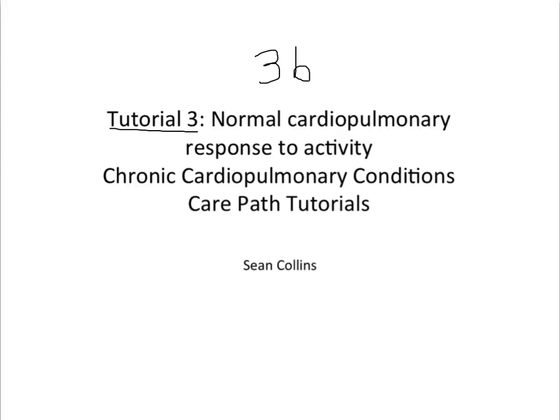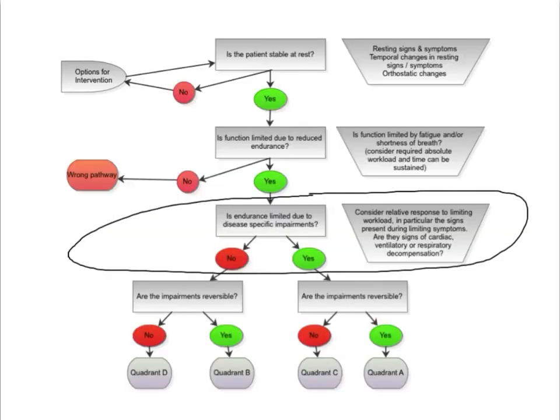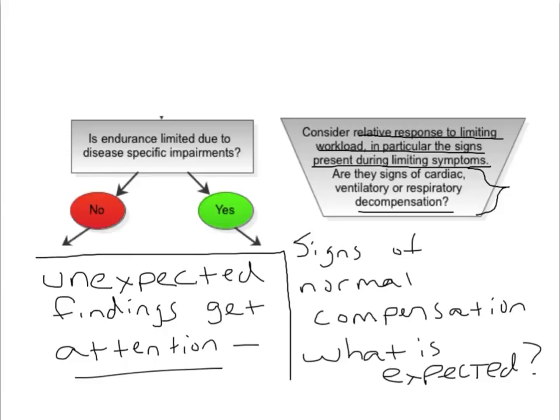So, covered is some of the variables that we'd be interested in thinking about the normal cardiopulmonary response to activity for. We've sort of identified where in the algorithm we're focusing during this tutorial, with a bit of a highlight of this question of whether or not endurance is limited due to disease-specific impairments.